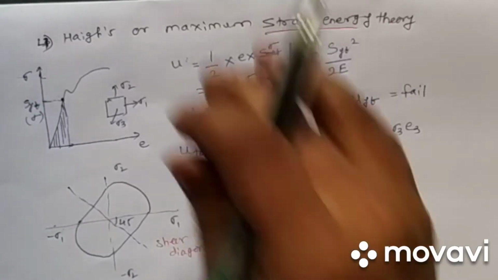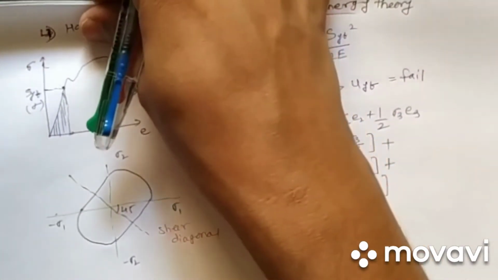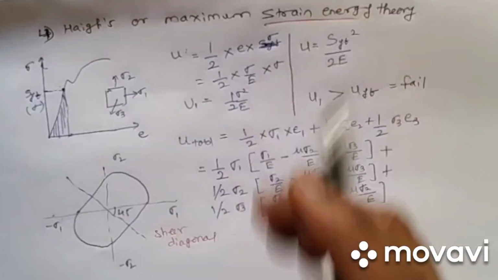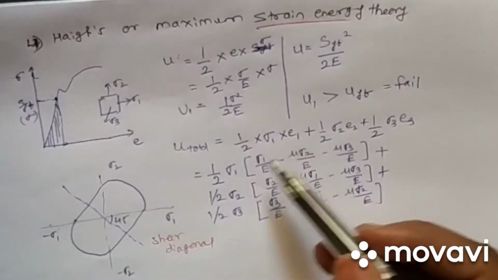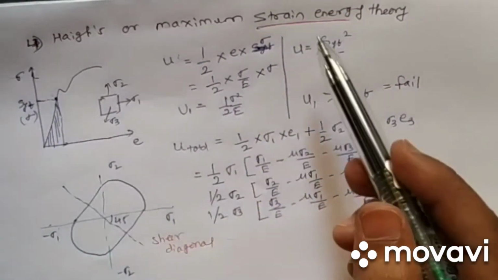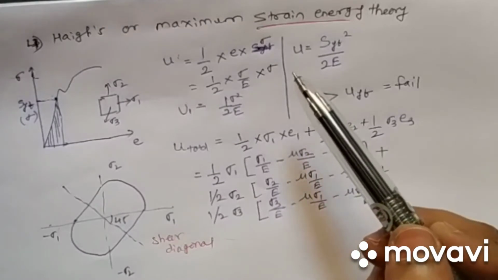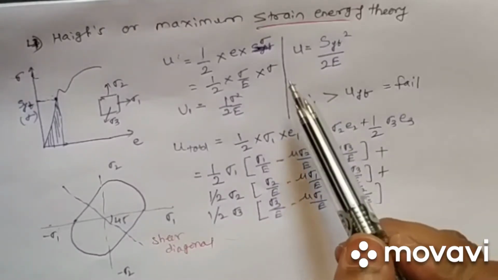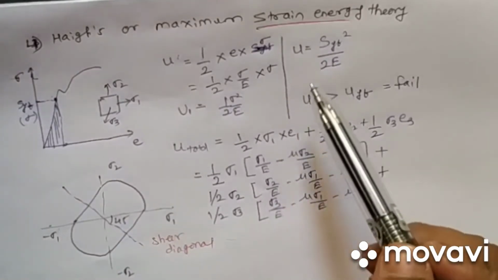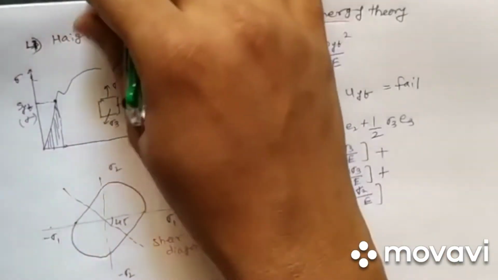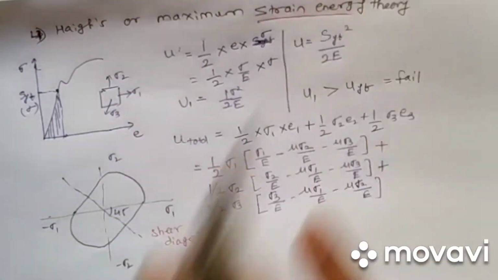Like I said, if the stress value falls within this area, then the material will be safe. Now this theory is valid for ductile materials, so it is not widely used.